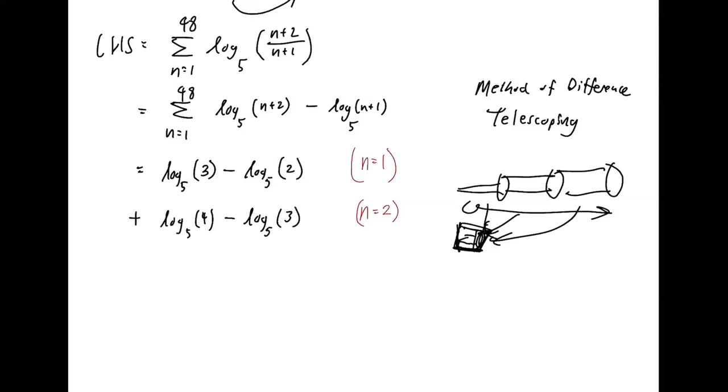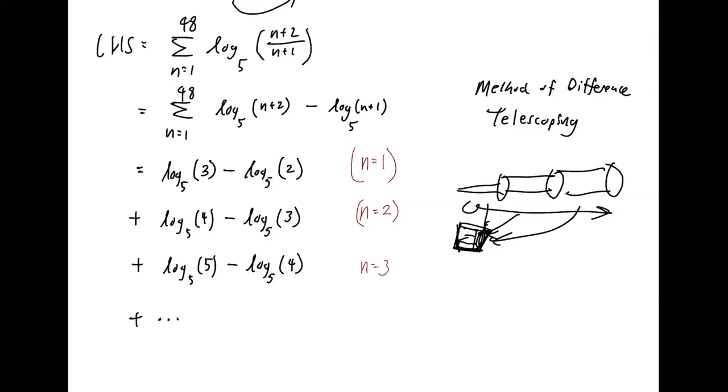The pattern here is as n increases, the value inside the bracket increases by 1. Let's just do one more. n equals 3. Then we'll just get the exact same thing, but you change the numbers 4, 3 into 5, 4.